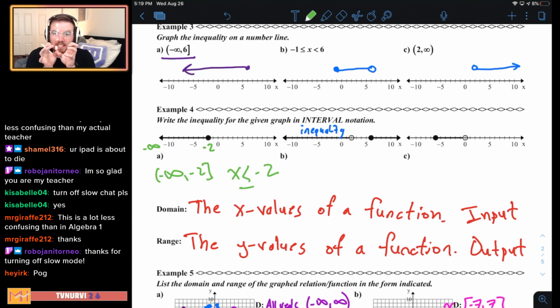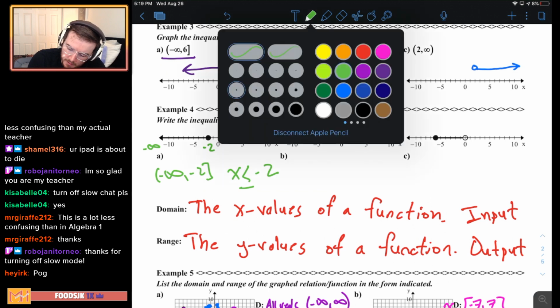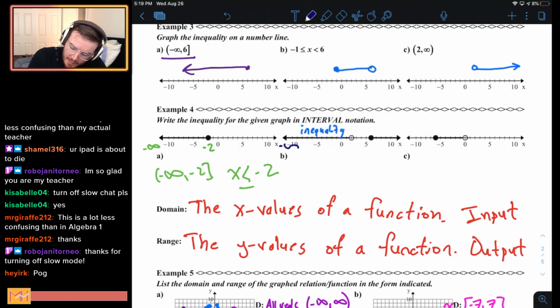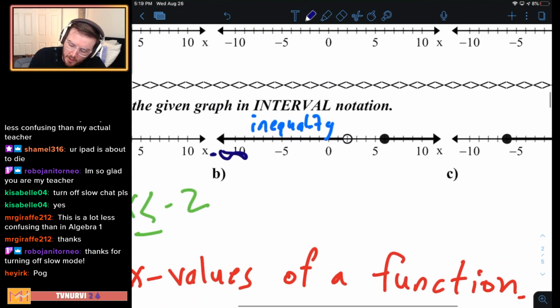This inequality's been split in half. Whenever you see that split in half, you're using the union symbol. Okay? So what's happening there? We're going from negative, and let me switch up colors just for funsies. We're clear out at negative infinity, and we're ending at 2.